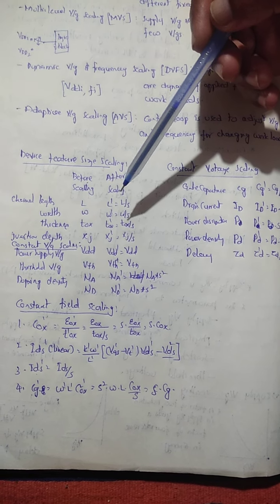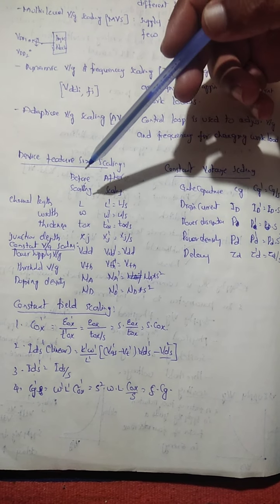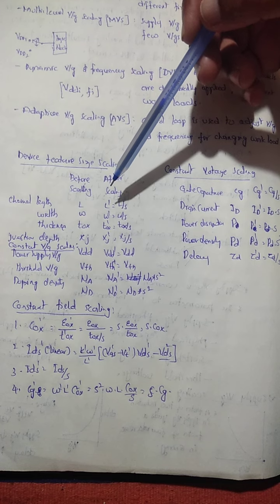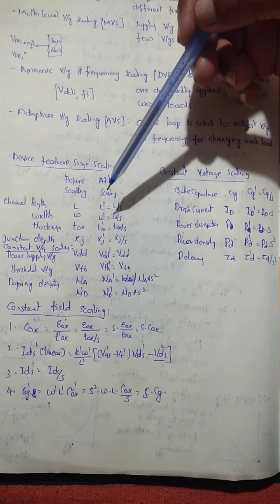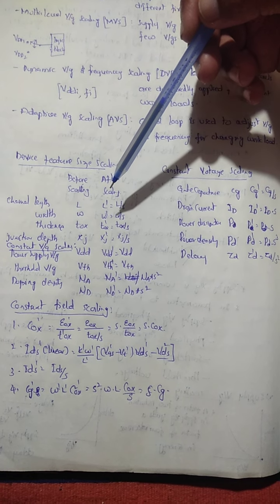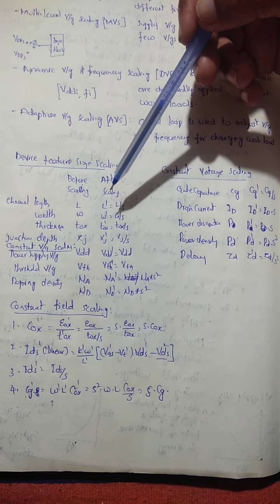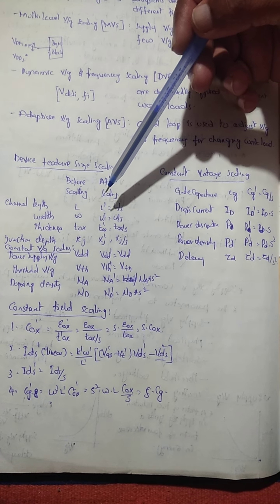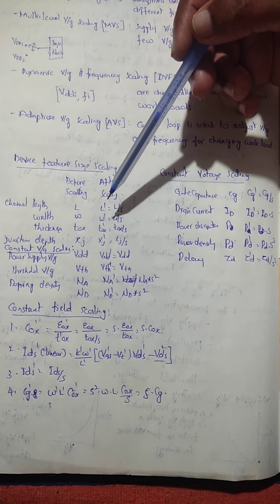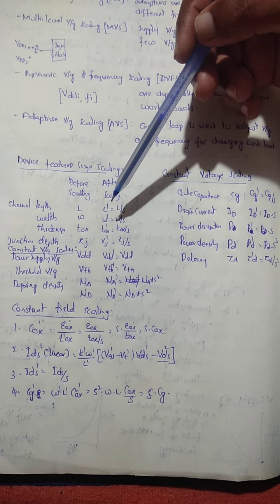In 1985 the feature size was 2.5 microns, but in 2009, because of the deep submicron era, the feature size is reduced to 45 nanometers. That is the lambda we are going to make use of.